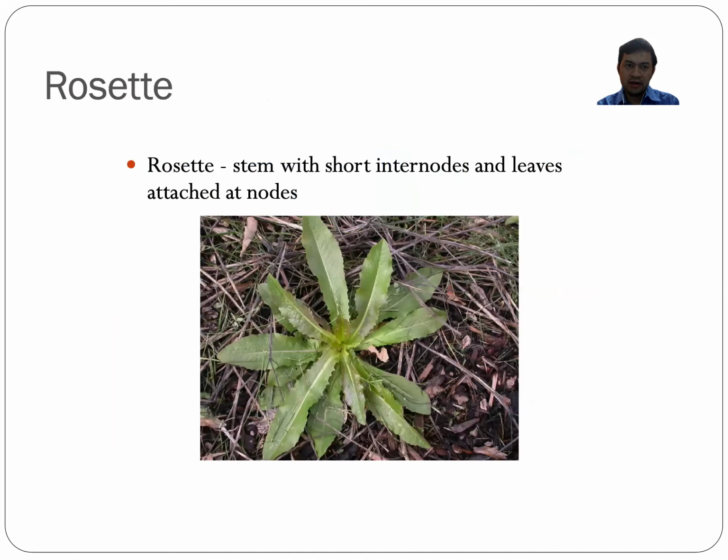The next one is the rosette. What is a rosette? A stem with short internodes and leaves attached at the nodes. So this is the stem, and the leaves attached to a node.